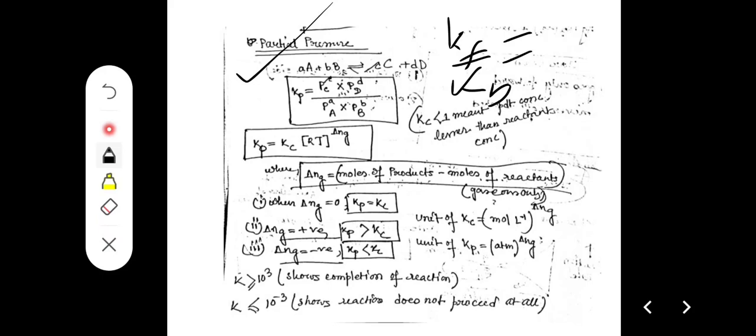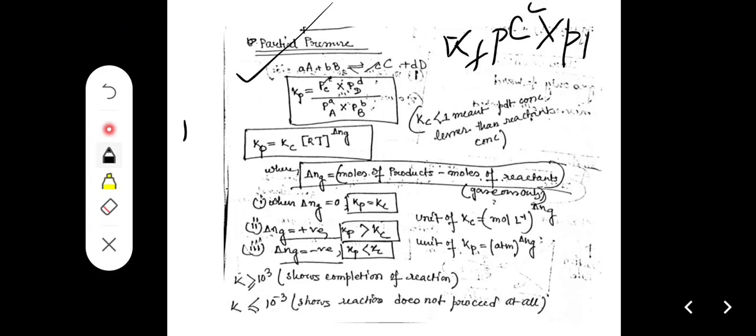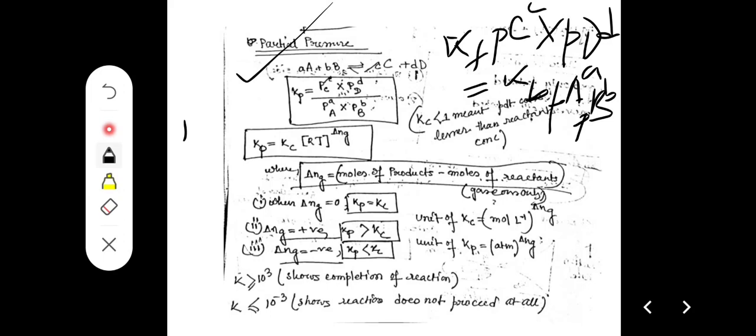That should be actually Kf times P of C to the power c into P of D to the power d, equal to Kb times P of A to the power a and P of B to the power b. Okay.